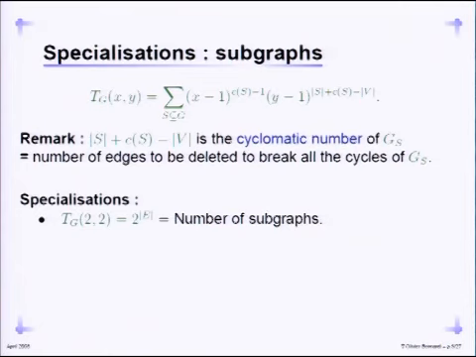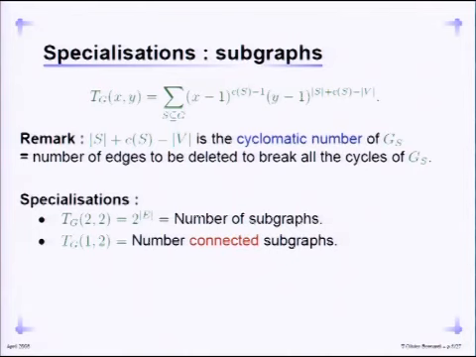Now if you put one of the variables to 1, like let's put the first variable to 1, then you are selecting in this sum the subgraphs that are connected.